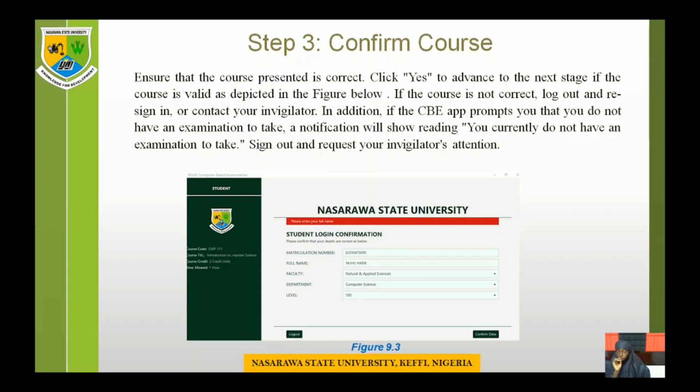The first thing you have to do is to sign out, because that message telling you currently do not have an examination to take means you are done with your examination. Meanwhile, you just logged in to take a certain course. So you sign out and log in again, or you sign out and request your invigilator's attention. The invigilator or the technical officer will do the needful.